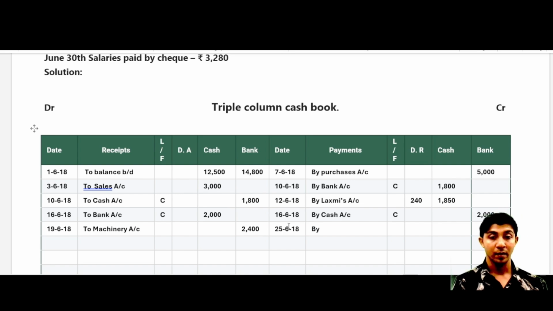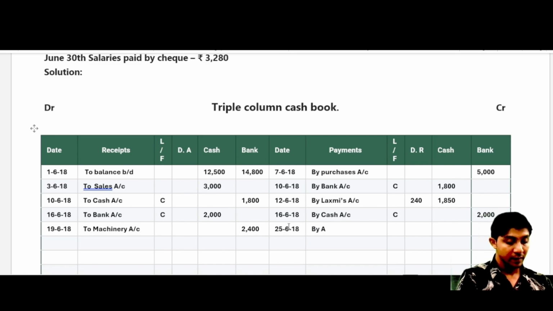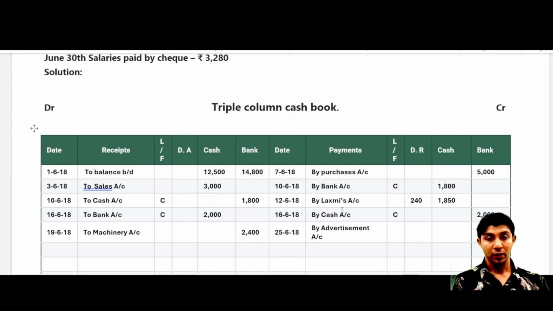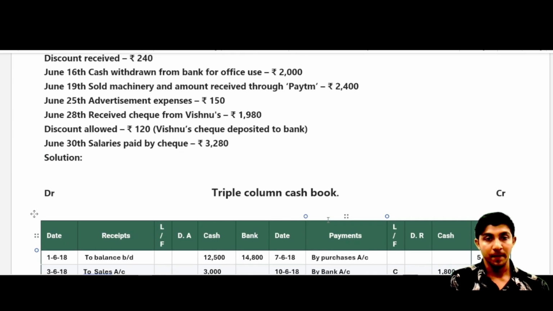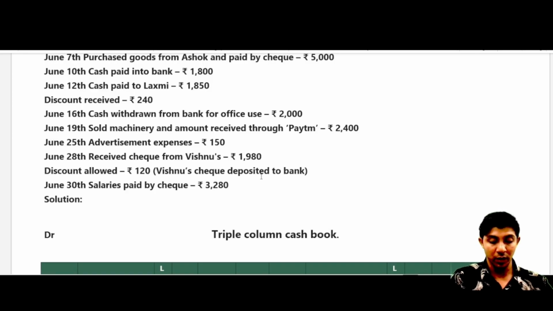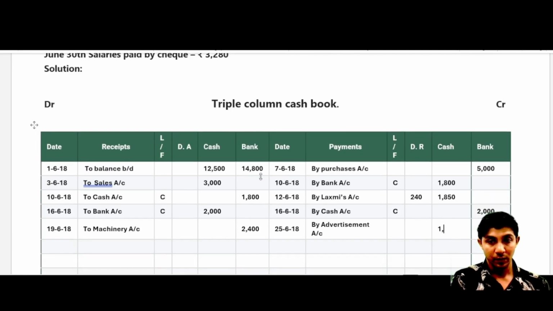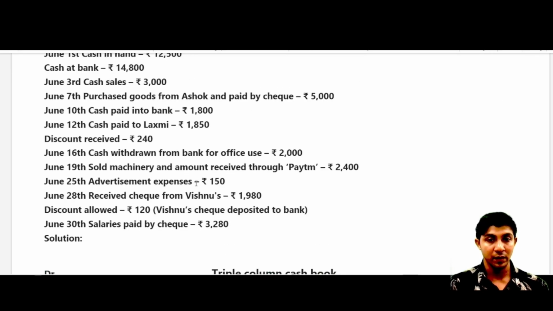By cash जाने के पीछे reason क्या है, वजह क्या है? Advertisement account. What is the amount? The amount is rupees 150. Then we'll see the next transaction.